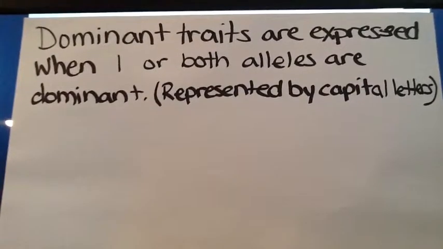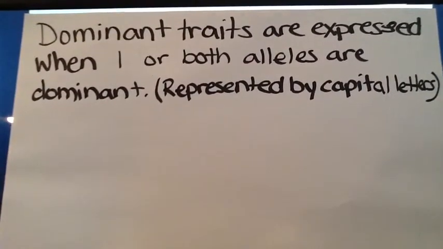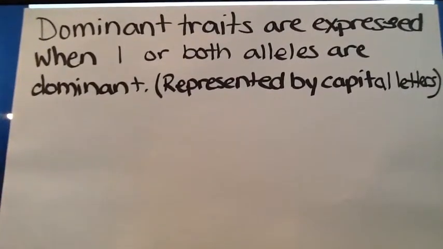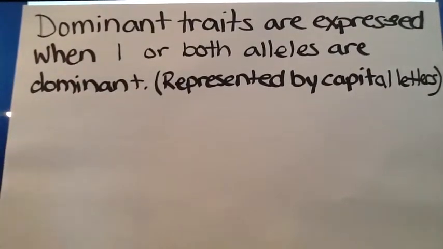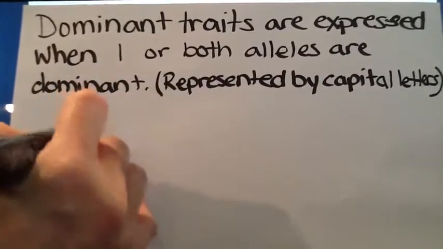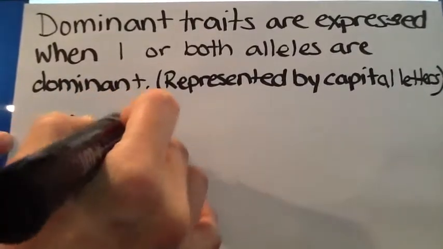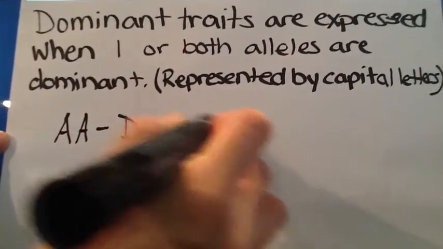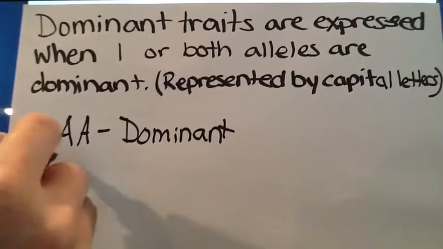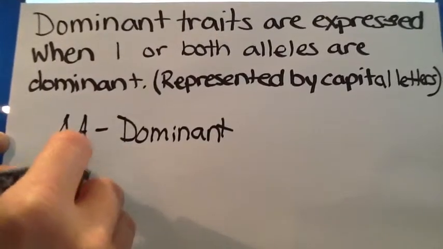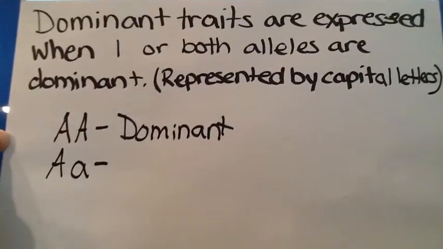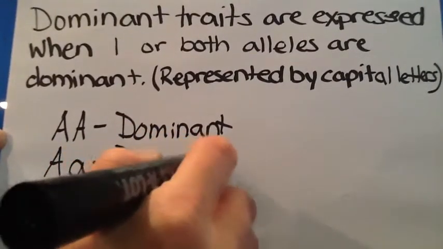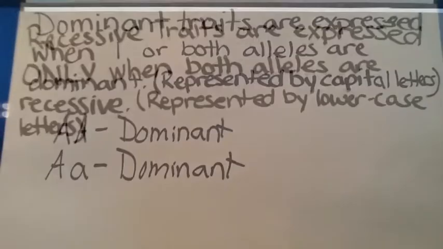Dominant traits are expressed when one or both alleles are dominant. This is represented in the genotype by capital letters. So for instance, if you had a genotype that was capital A, this would show the dominant trait. If you had a genotype that was capital A, lowercase a, that would also represent a dominant trait.